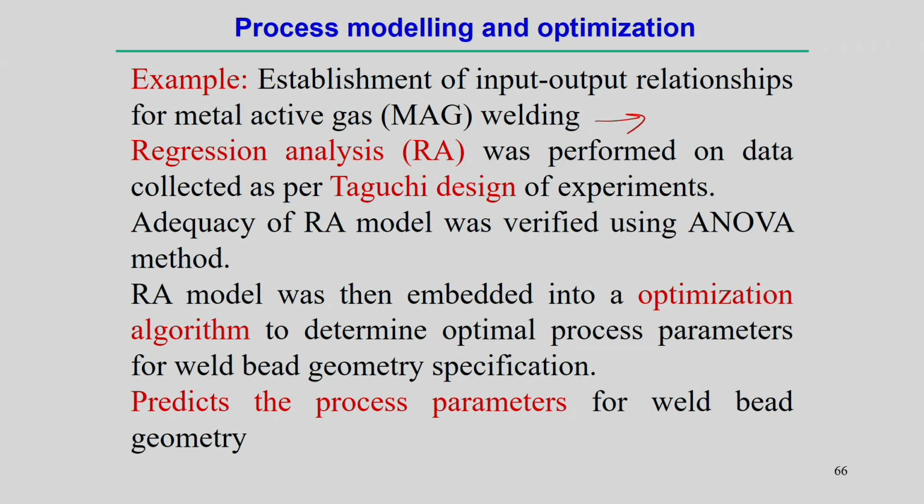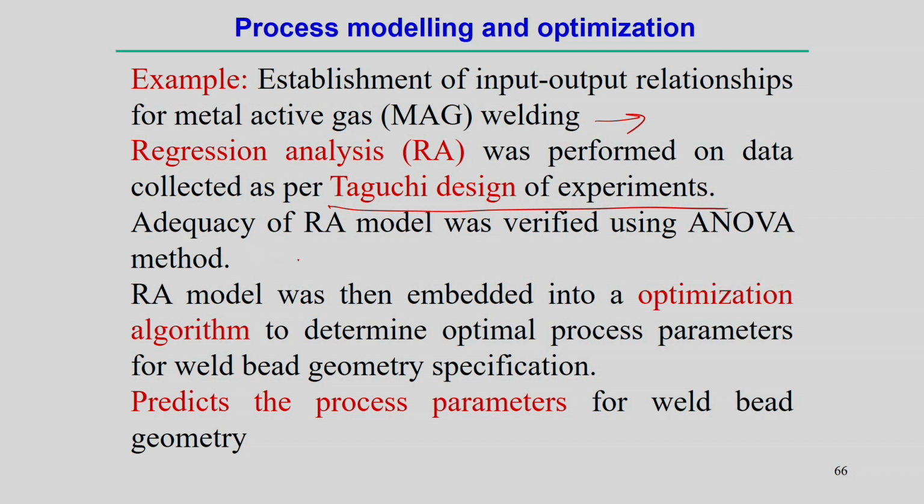Now, what process can we use? We can use simple regression analysis, and that regression analysis is performed on the data actually collected by following the Taguchi design of experiments, following certain norms of the experiments. And of course, this regression analysis simply relates the input parameters and the output, and that correlation.